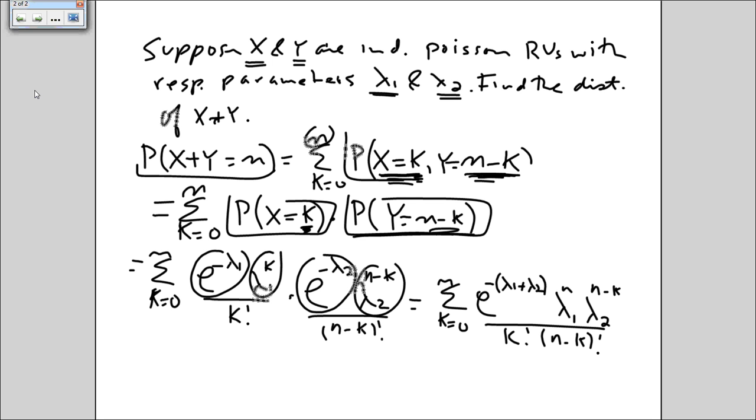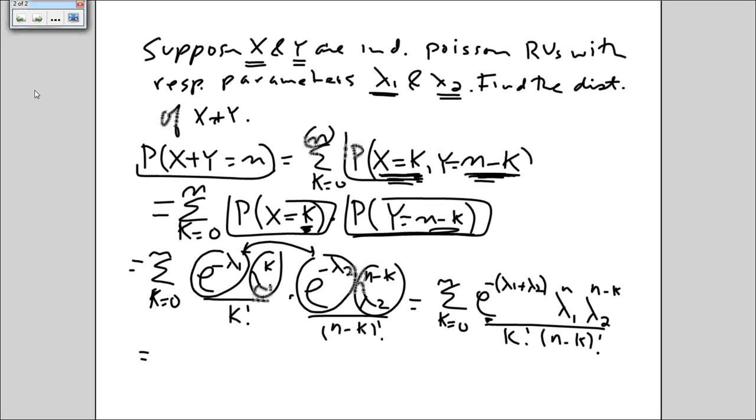I use the definition of the Poisson distribution, and when I multiply these two, since the bases are the same, I keep the base and add the exponents. Okay.